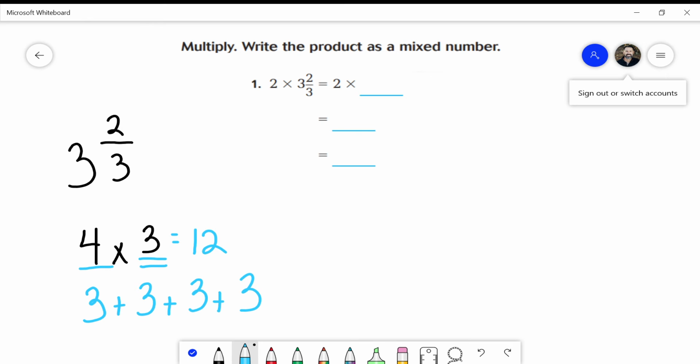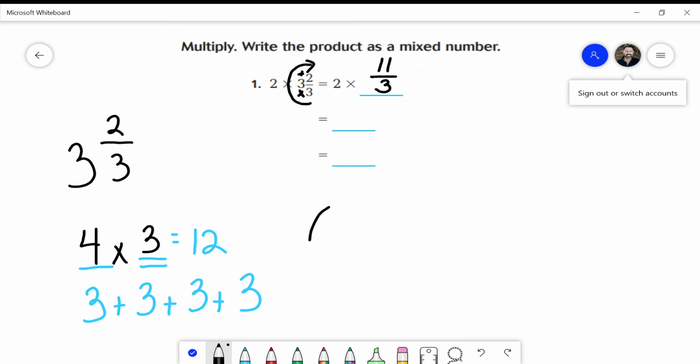So the first thing I like to do is change the mixed number into a fraction greater than 1. We're going to multiply 3 times 3, the denominator times the whole number, which is 9, and add that to the numerator, which is 11. So we have 11/3. And now we can see we have 2 times 11/3.